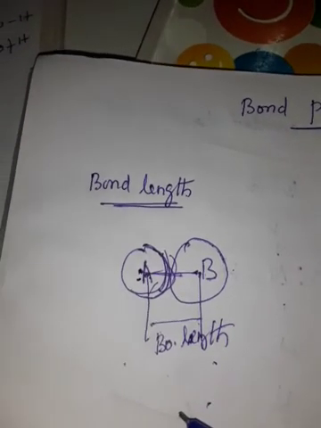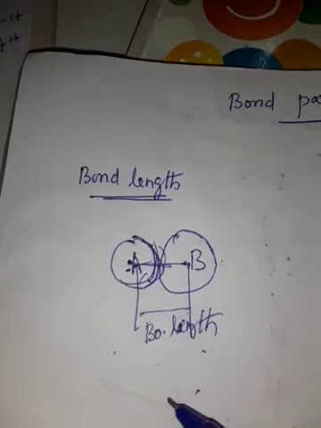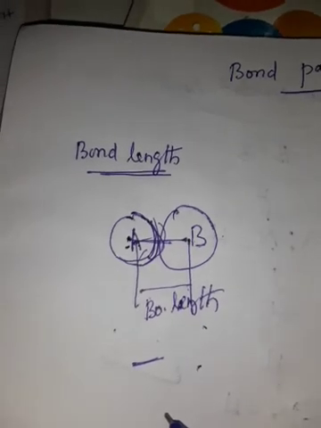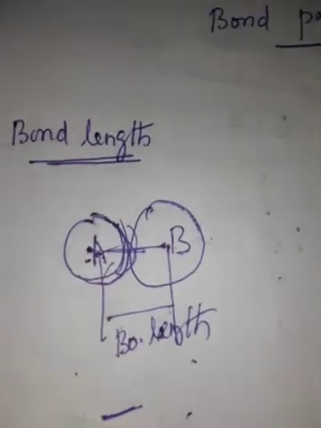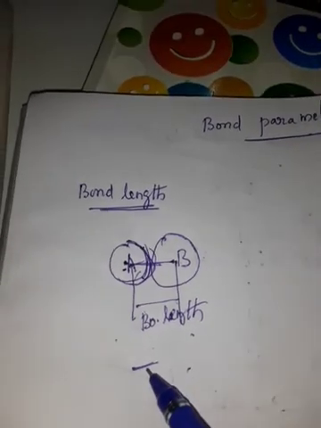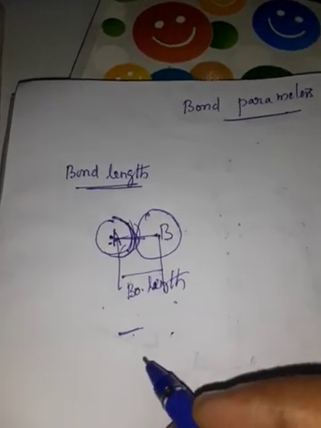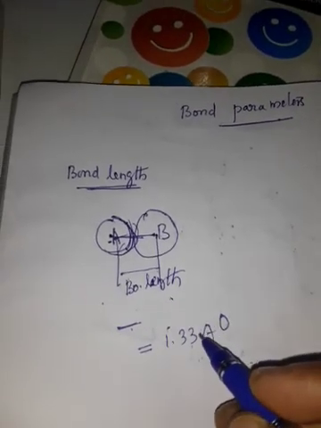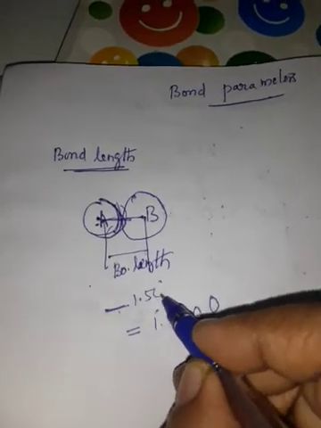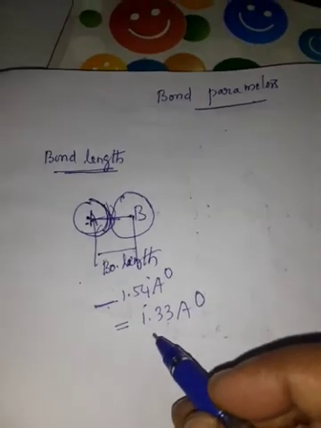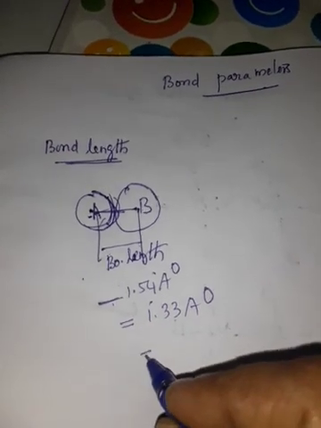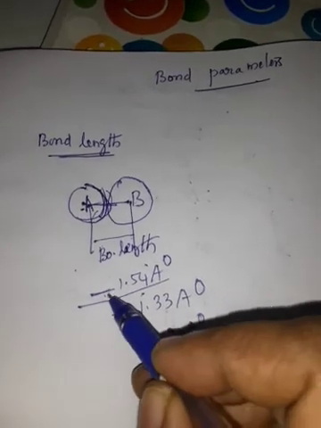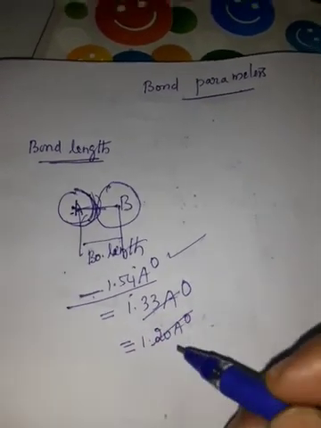For example, carbon-carbon single bond length is 1.54 Angstrom. Double bond is 1.33 Angstrom. Triple bond is 1.20 Angstrom. So the carbon-carbon single bond length is more when compared to double bond and triple bond.